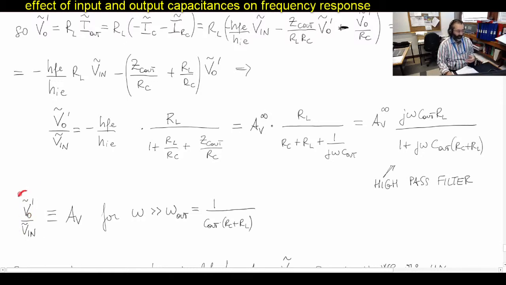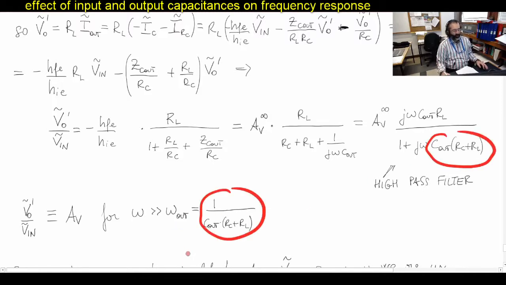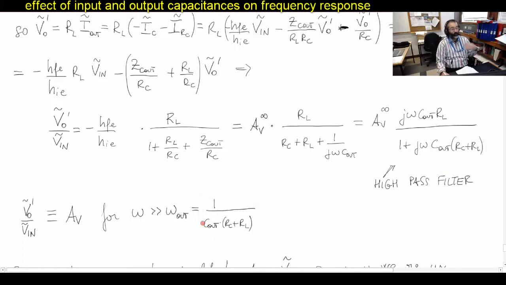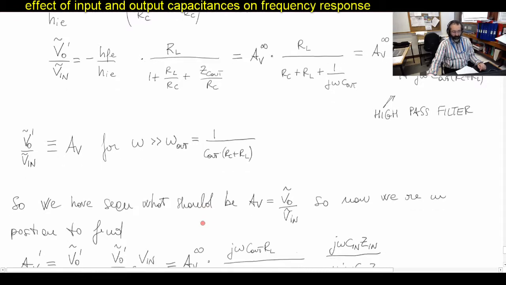So these two quantities are identical if omega is much bigger than omega out, where omega out is defined by effectively the inverse of this quantity, as I've written here. So we have another high pass filter now in output. So we have effectively two high pass filters here. One is in the input and one is in the output toward the load.